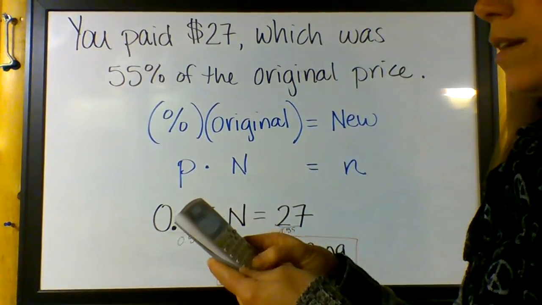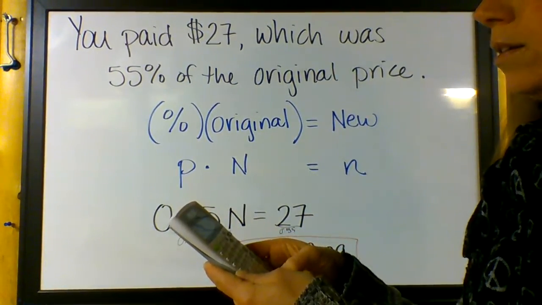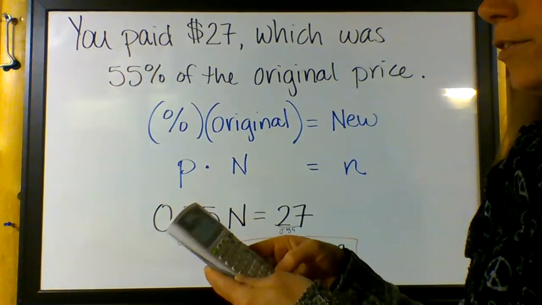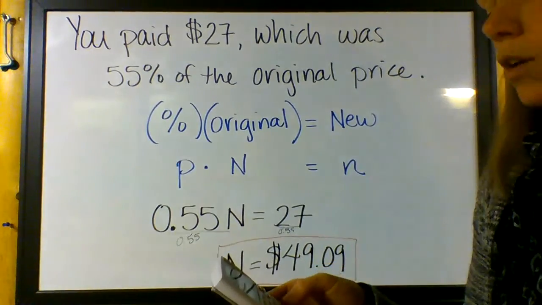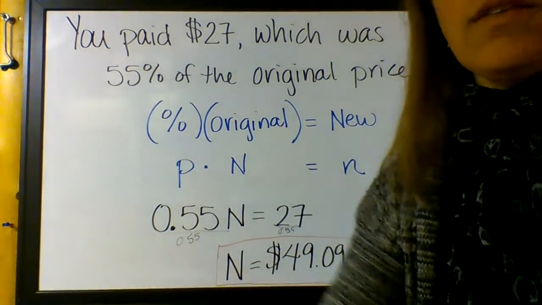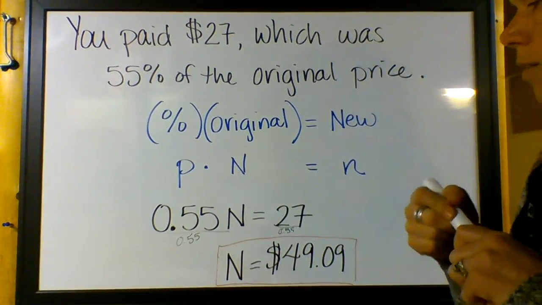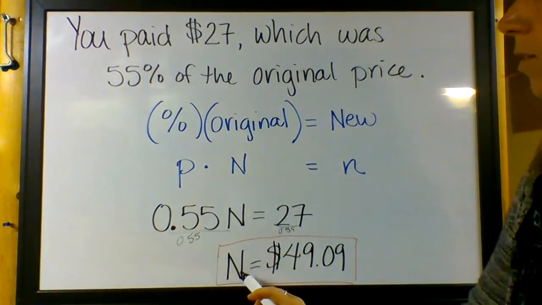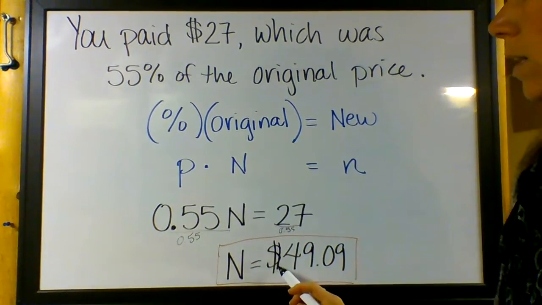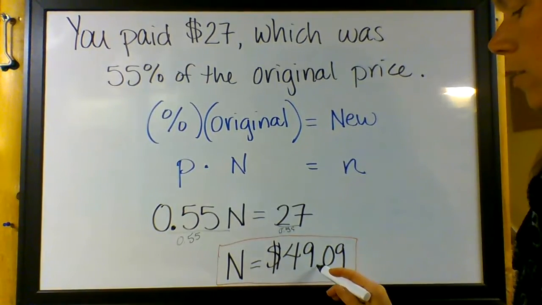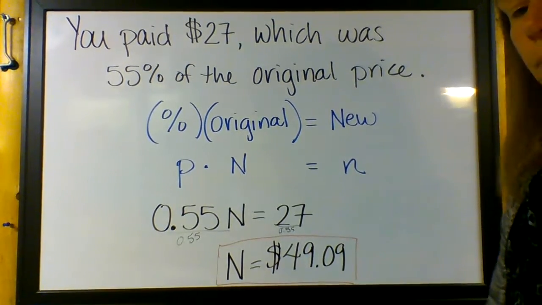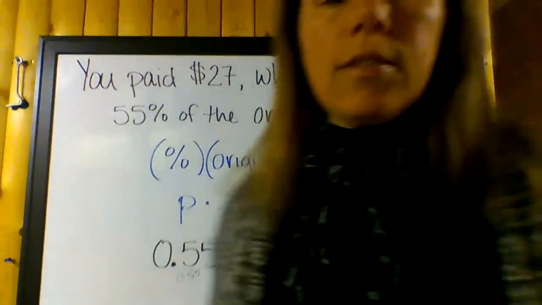So I'm going to do 27 divided by 0.55, and I get 49.09, repeating. So I rounded it, of course, and I said that the original price, and I used dollars, so I'm showing my units, is $49.09.